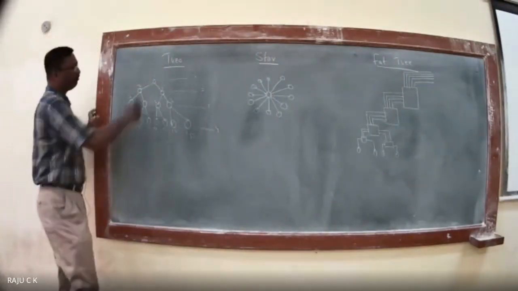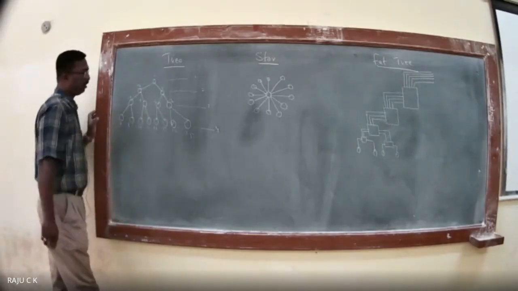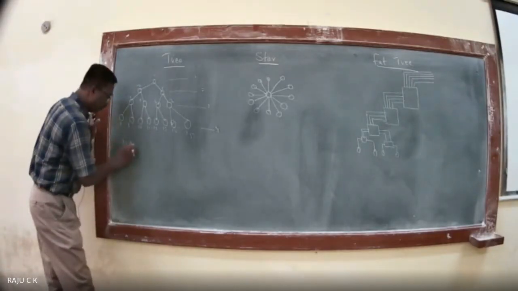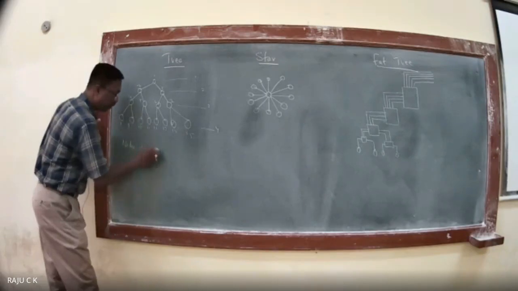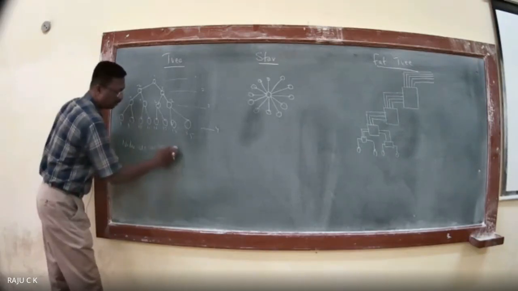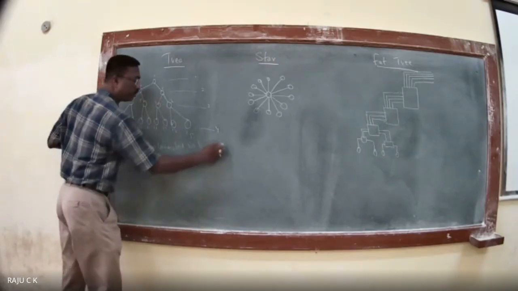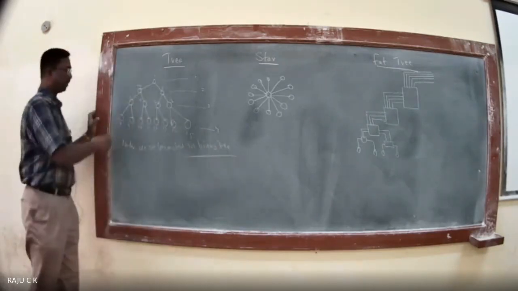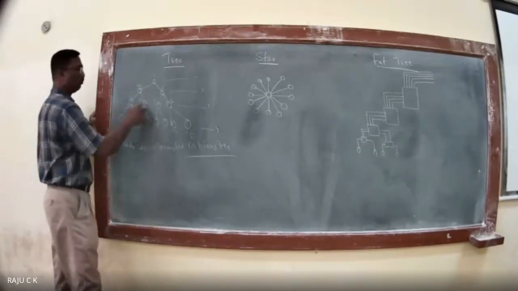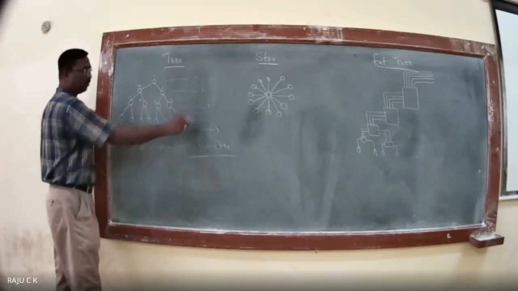Now we go to the tree type structure, where the nodes are connected in the form of a binary tree. The nodes are numbered 1, 2, 3, 4, 5, 6, 7, 8, 9, 10, 11 like this.